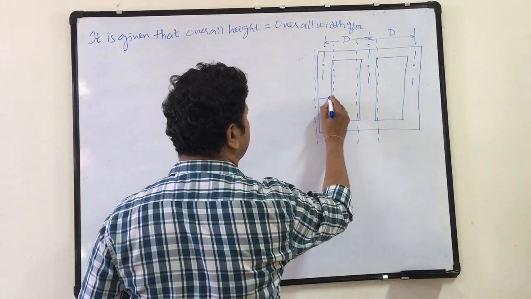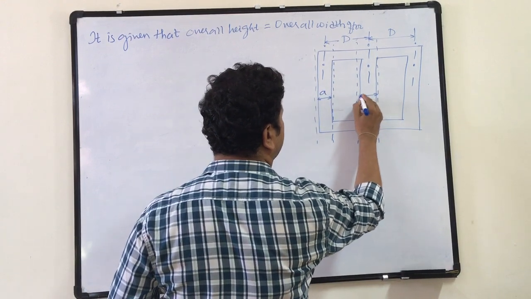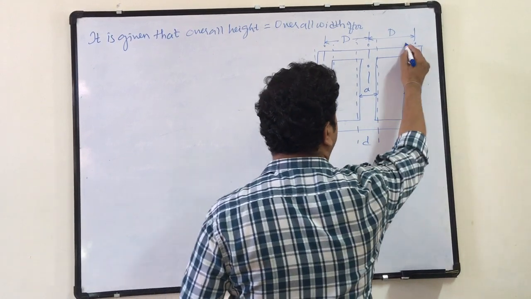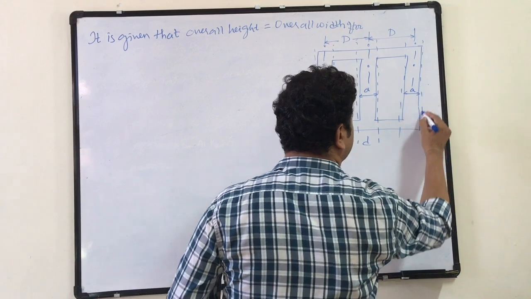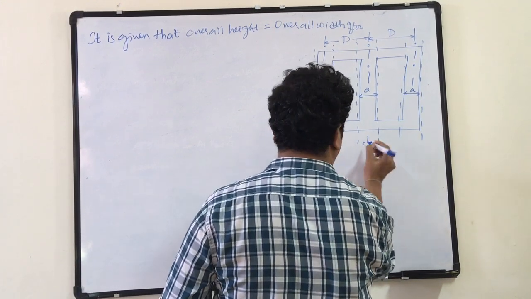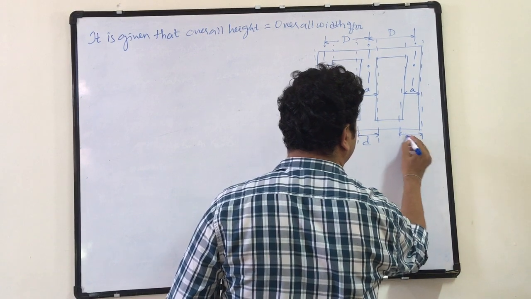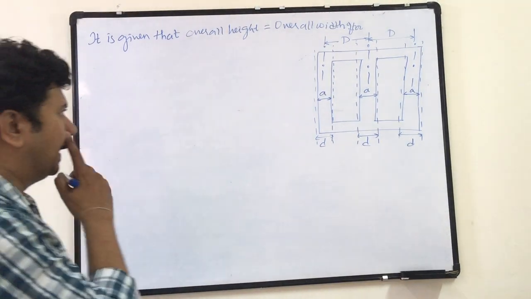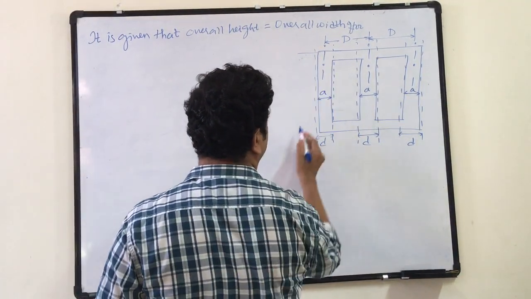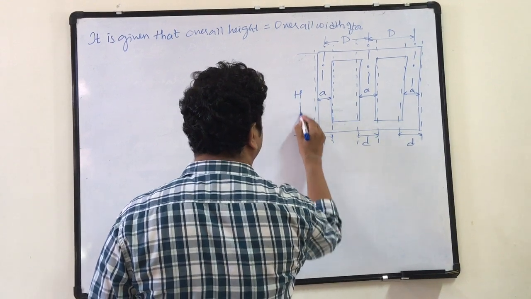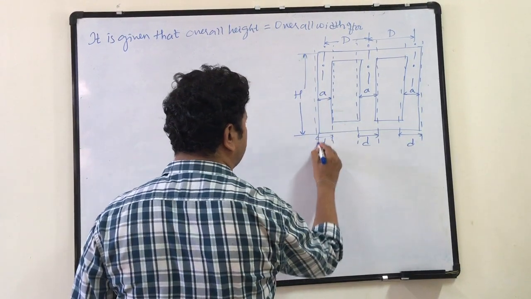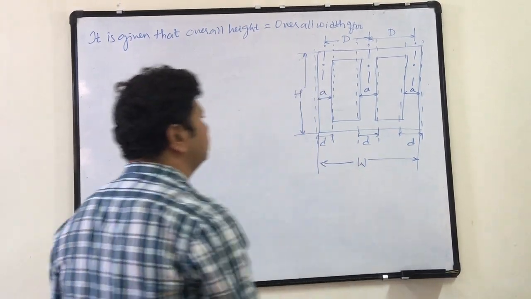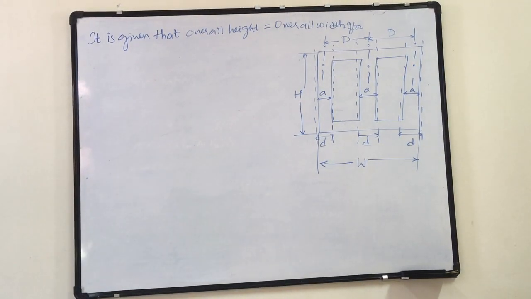That is D, A, and this is A, this is D, this is D. Now this is overall height, and this is overall width. So it is given that overall height is equal to overall width.